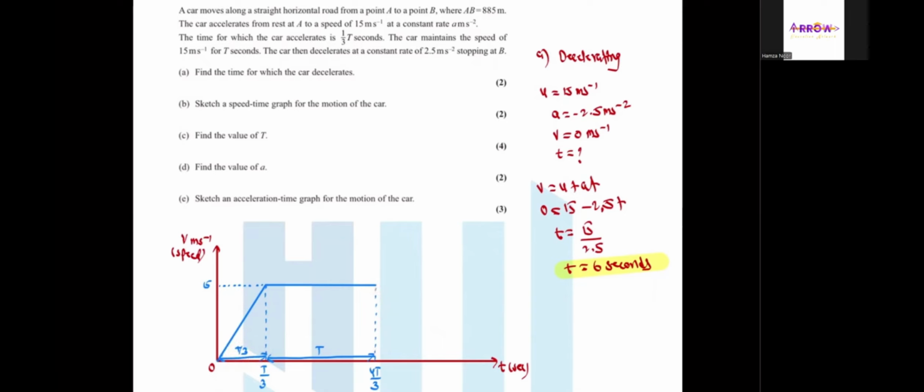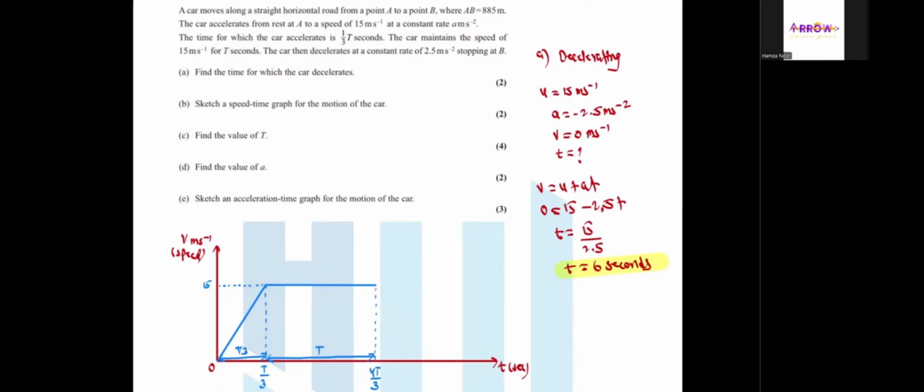What I'm trying to explain is that you are not exactly sure right now whether the last stage of the journey would have a steeper or a flatter line compared to the acceleration stage of the journey. So one thing you can do is stop here, first attempt part C and find the value of t. Otherwise, if you just use the common sense of the question, this 6 seconds is a very short time, the duration of deceleration is just 6 seconds.